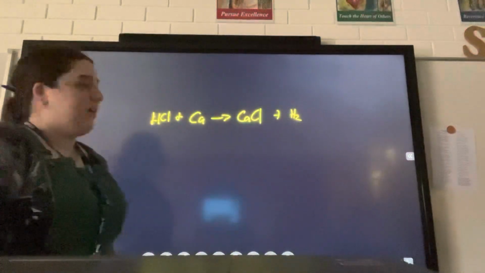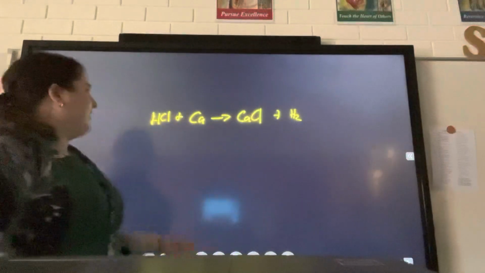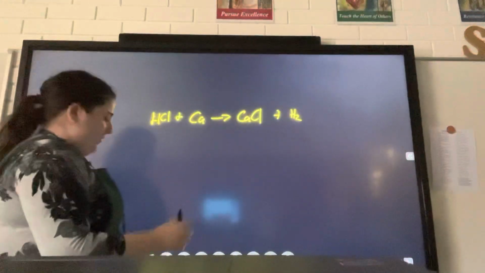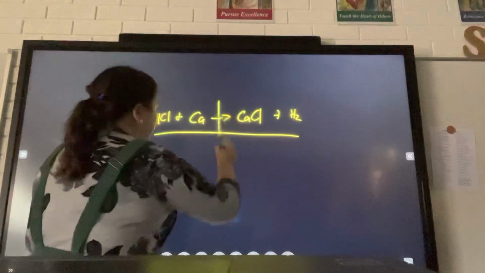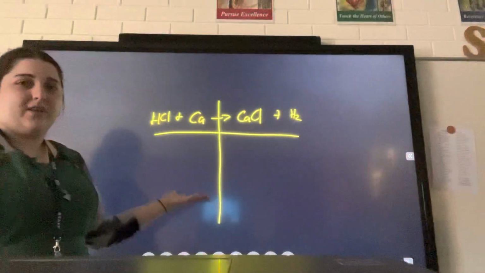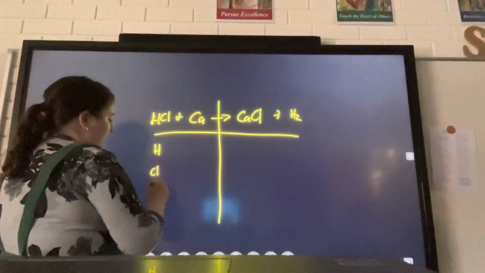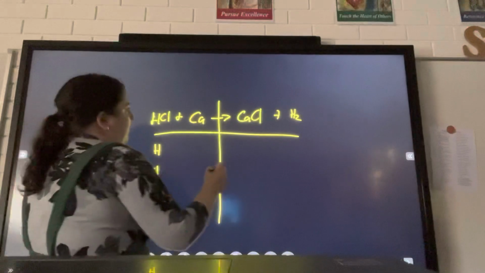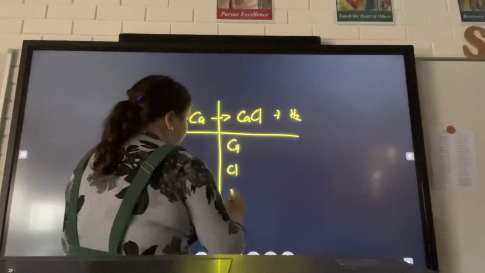That's H2. Now, this is unbalanced because we have two hydrogen here and only one hydrogen here. When it comes to balancing equations, draw up a table underneath the equation. Write out what each element is that you have available.